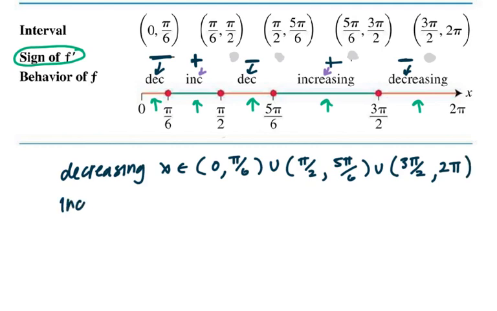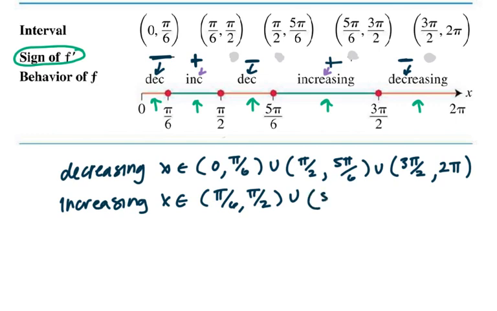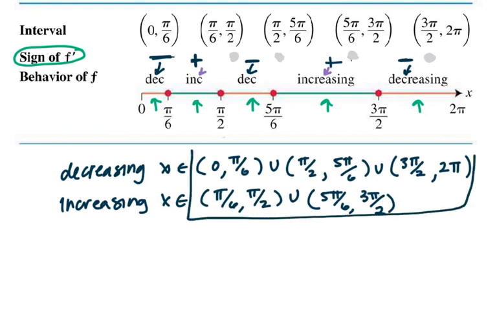And we are increasing when x is in the set pi over 6 to pi over 2, union 5 pi over 6 to 3 pi over 2. Okay? So increasing and decreasing.